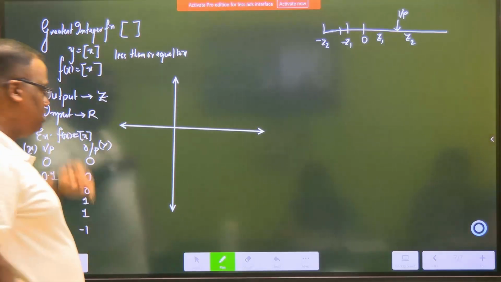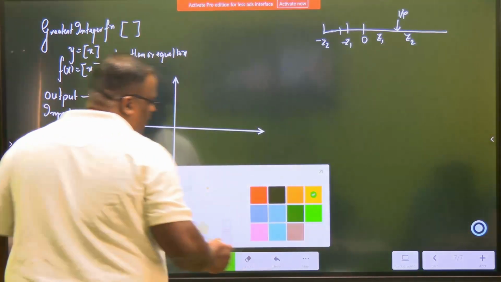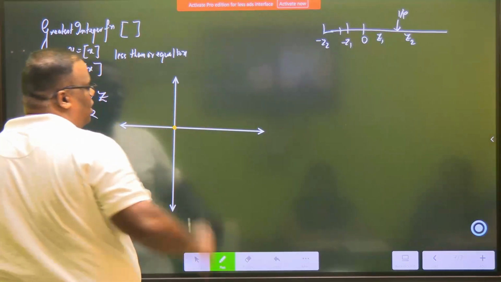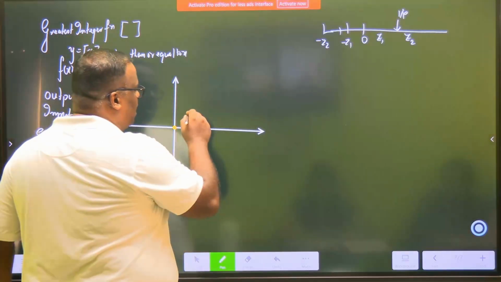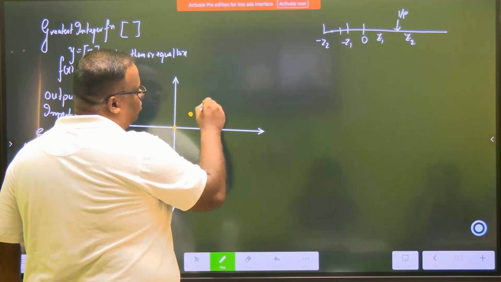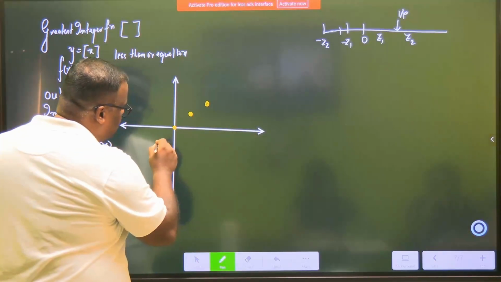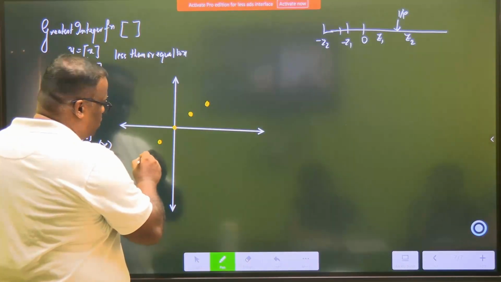Alright. So tell me, children, let us use some common sense. If I input 0, I should get a 0. This is called a step function also. If I input 1, I should get a 1. If I input 2, I should get a 2. If I input -1, I should get -1. If I input -2, I should get -2.